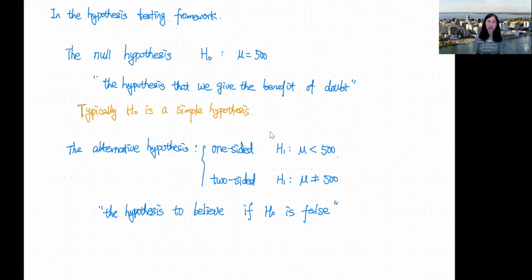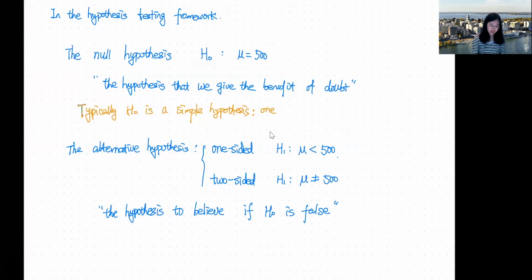So what does simple hypothesis mean? A simple hypothesis is a hypothesis that contains only one point. In this example, the point of 500, that is one point.